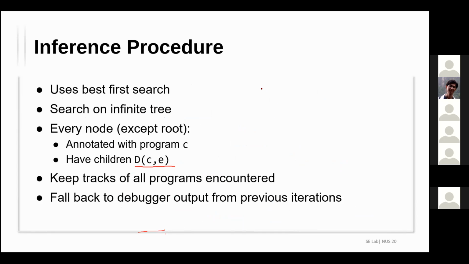So the contribution here is just like the debugger. Right, so I think it's not correct to say it's a debugger. It's basically a repairer. Yes, a repairer. Because it does not dive into the root cause why the program failed.